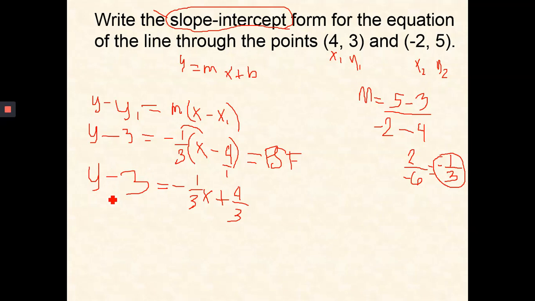But remember in slope-intercept form, your y is isolated. So, we need to get the opposite of negative 3, and that is positive 3. Okay, so you now have y. Then, negative 3 plus 3, that will be 0, is equal to, just copy, negative 1/3 x.